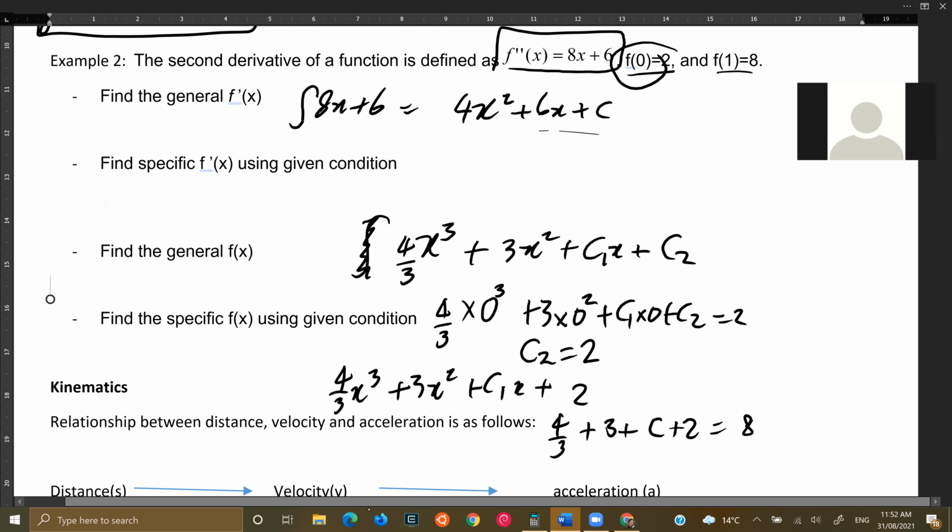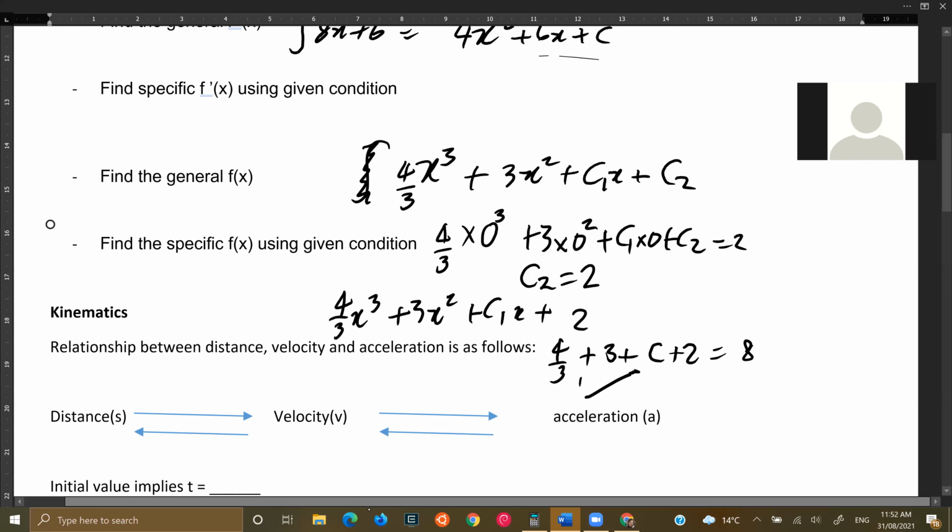Okay, so when I simplify that, that's 1 1/3. So I've got 1 1/3 plus 3 plus c1 plus 2 equals 8, which basically gives me 6 1/3 plus c1 is equal to 8.